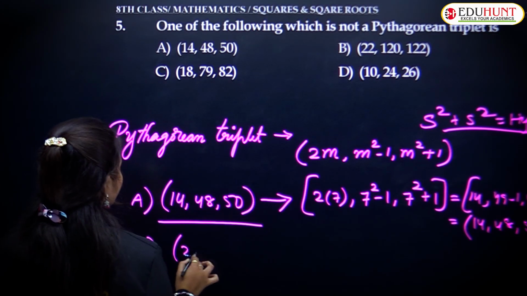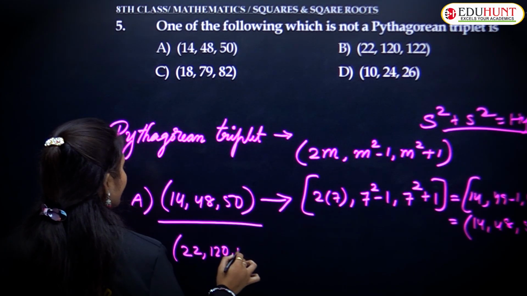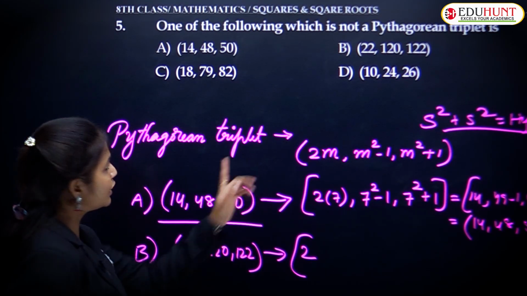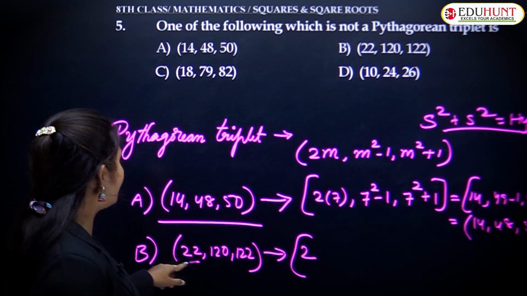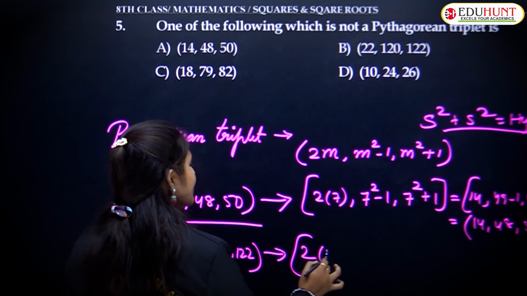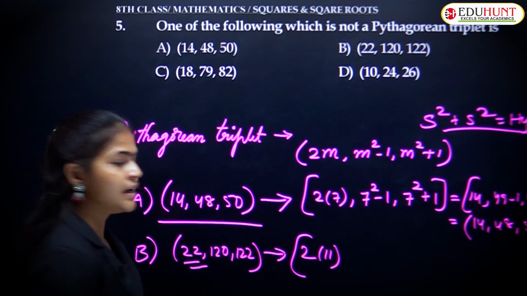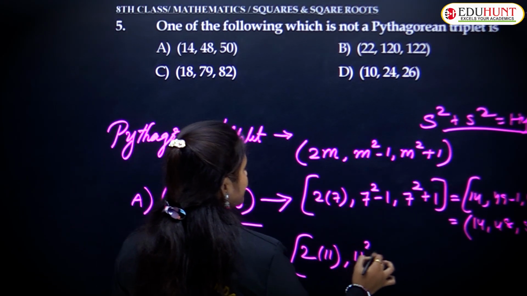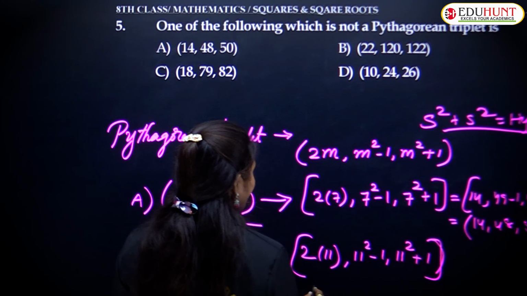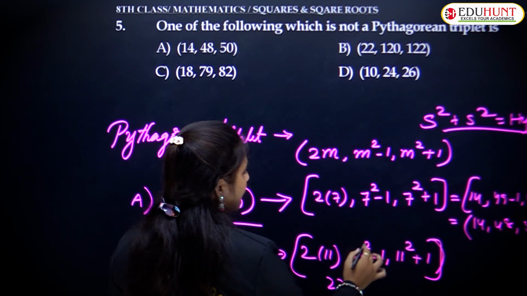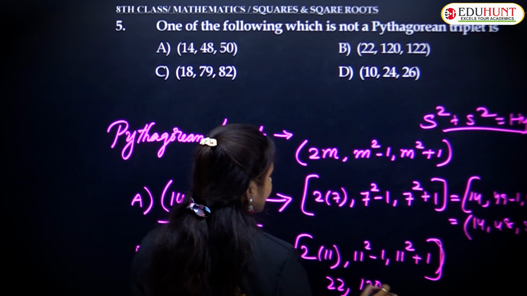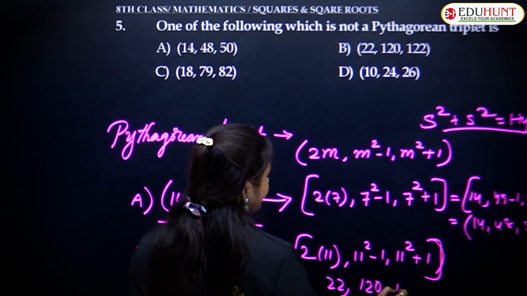Next is the second option. What is that second option? 22, 120, 122. So again apply the same condition. 2m, right? So this first number always divide by 2, then easily you will get the m value. So 2 elevens 22. Clear? The second number 11 square minus 1, third number 11 square plus 1. 11 square is 121, 121 minus 1 is 120, and 121 plus 1 is 122.